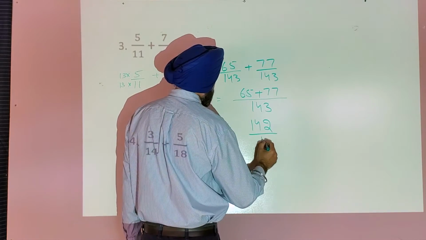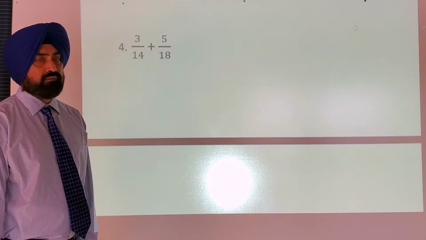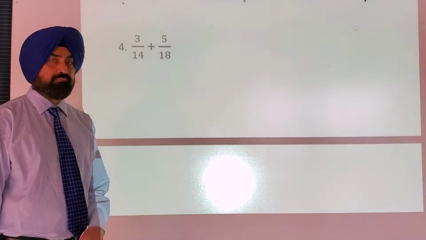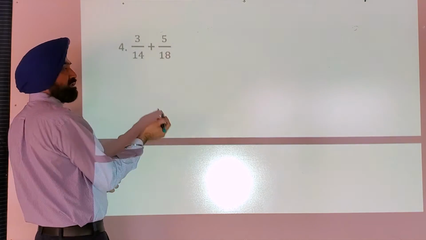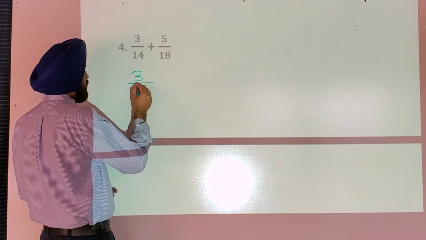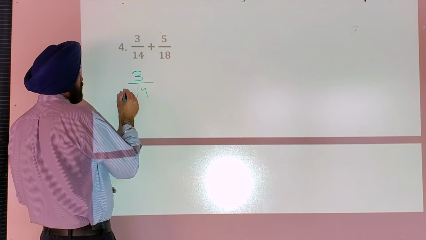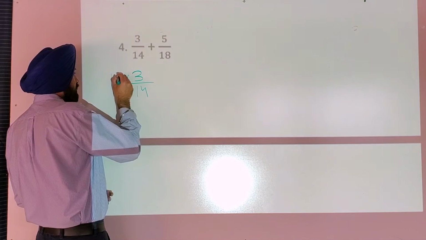That gives 142 over 143. Let's see this question. Instead of using the lowest common multiple, we just multiply by interchanging the denominators. So 3 over 14, you multiply both by 18.